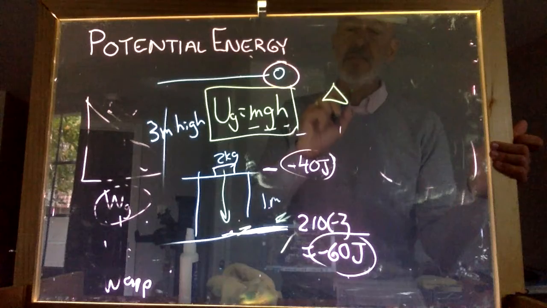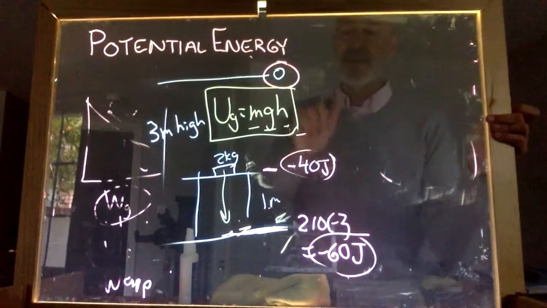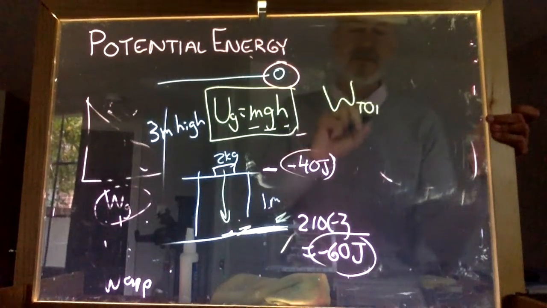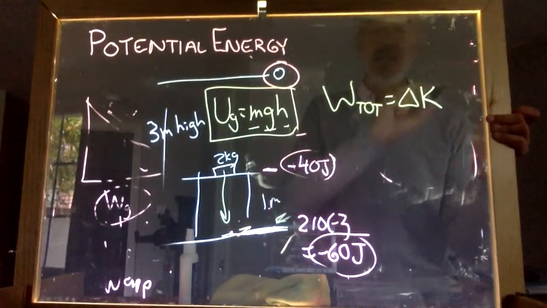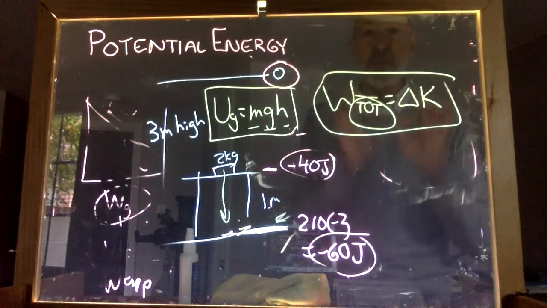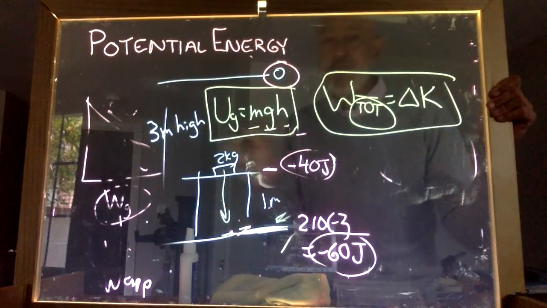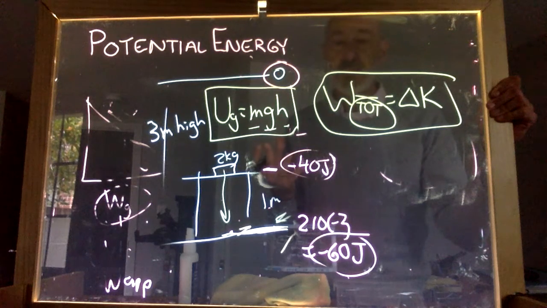The work-energy theorem, work total equals delta K, is still true if you represent all the works individually and add them together. You'll still get that change in kinetic energy. But this is much more useful if we want to talk about a conservation of energy concept where we're not representing all the works.